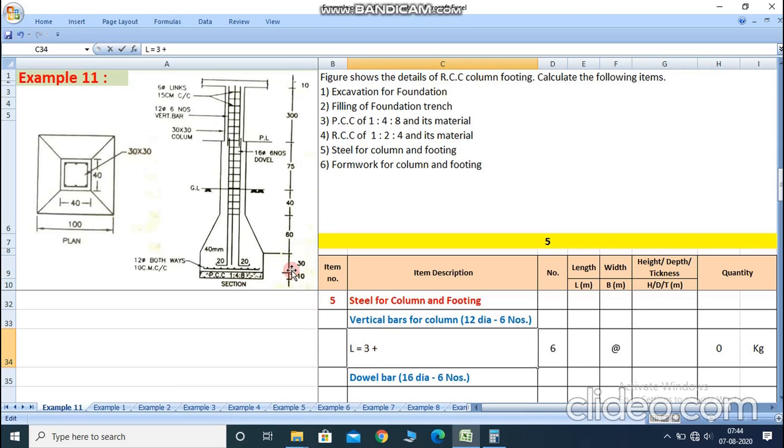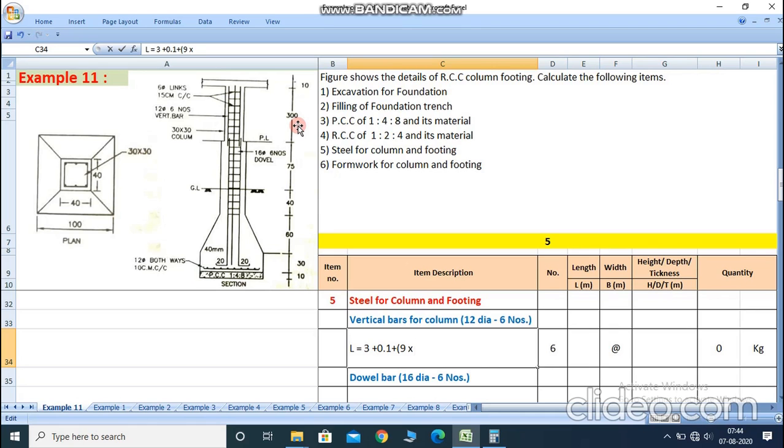plus 0.1. Plus a hook is provided on one side at the top side, and for the lower portion 0.1 meter is extra provided, means 10 centimeter extra. The hook is provided on the upper side, so we write 9 into D, 9 multiplied by the diameter of the bar.